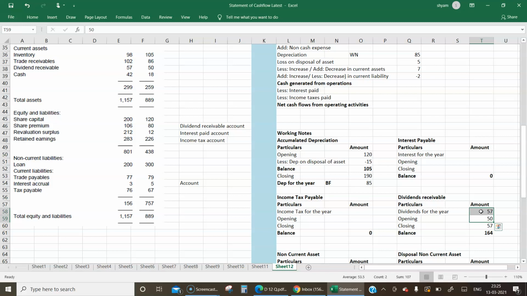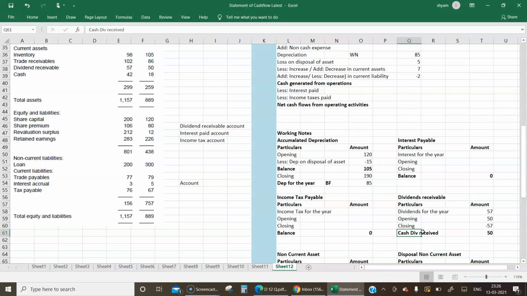But 57 is the only thing which is still pending. So we would have received the balance. So dividend received, the cash dividend received is 50, right?